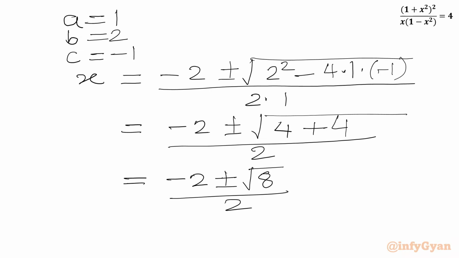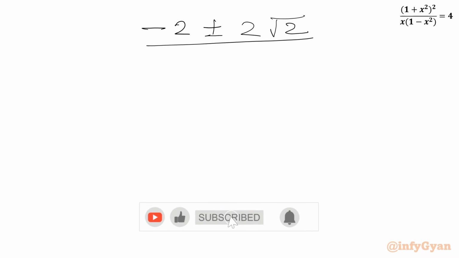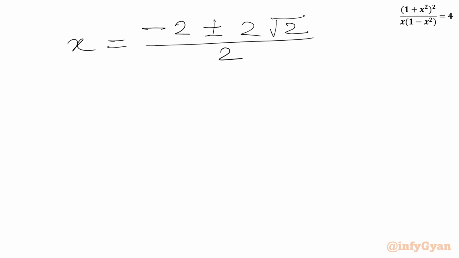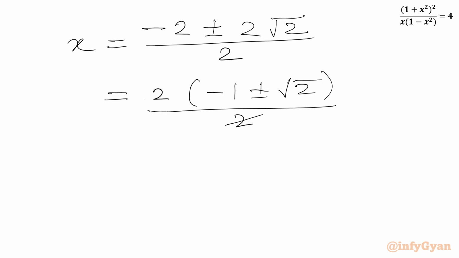So I can write minus 2 plus minus 2 root 2 over 2. This is equal to x. Now we will take 2 common from the numerator. So in the bracket we can write minus 1 plus minus root 2 and denominator is also 2. So this 2 and 2 will be cancelled out. We will get x equal to negative 1 plus minus square root 2.